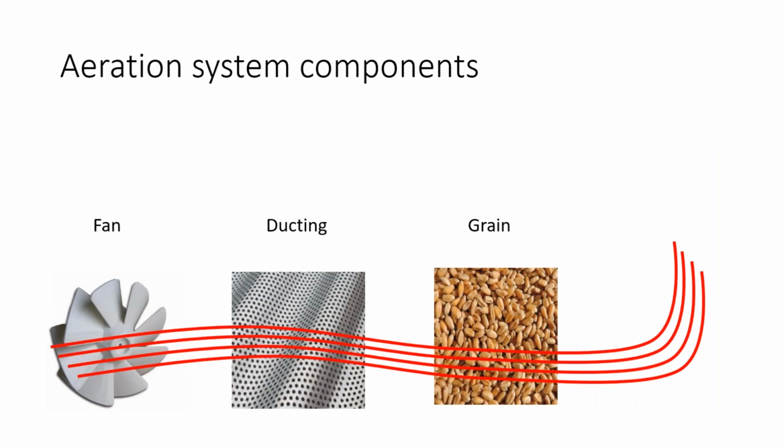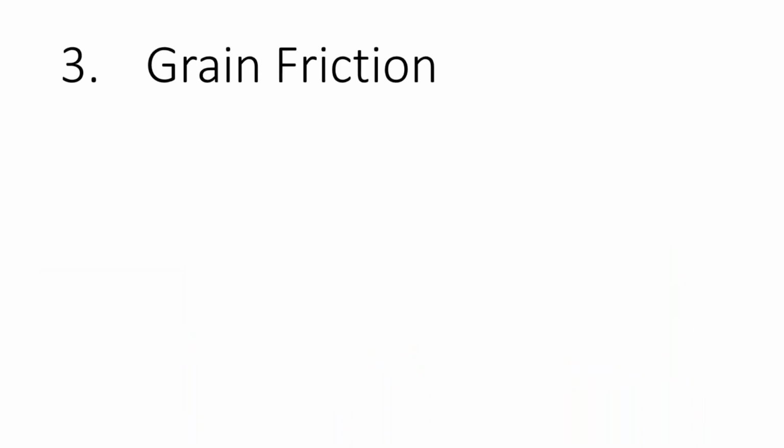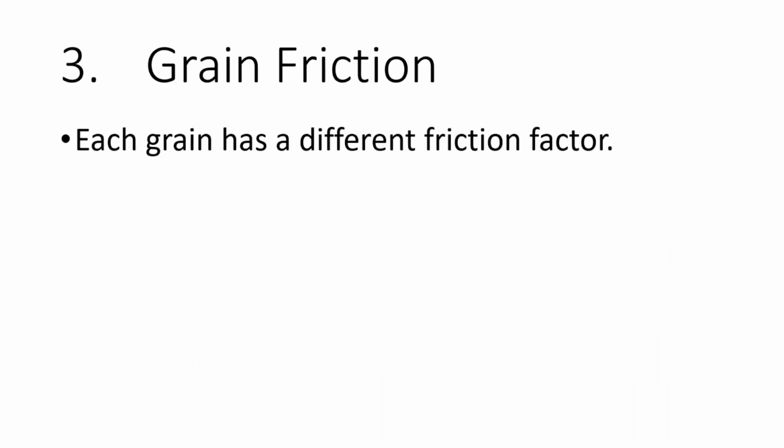Now that goes through basically us getting air into the grain mass, and now we're going to walk through our friction losses going through the grain, and this is the most significant. Probably 80% of the losses would be going through the grain mass.